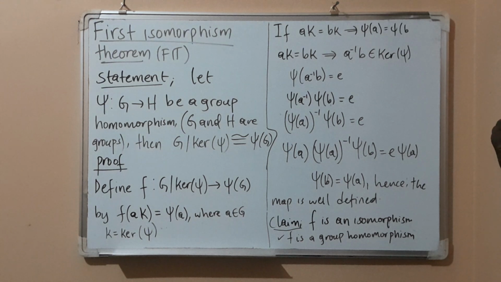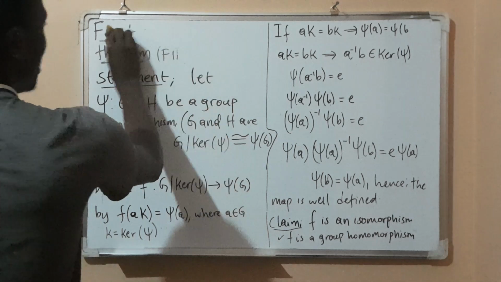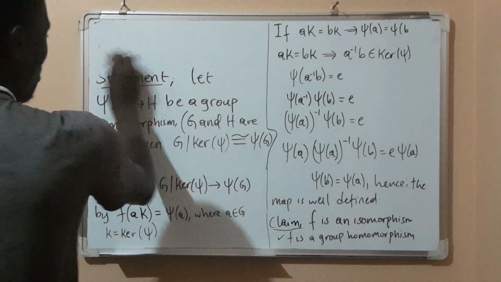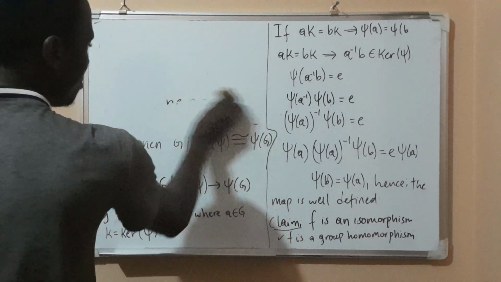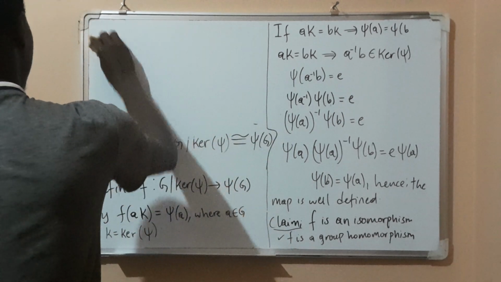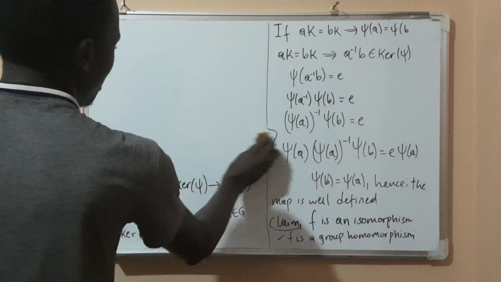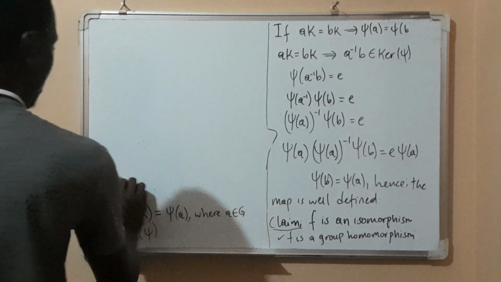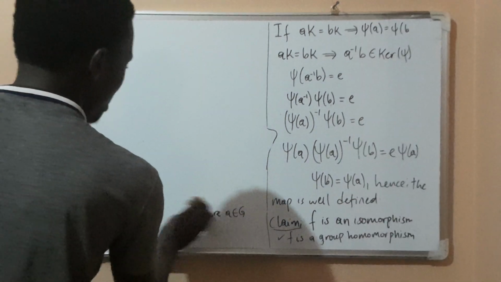Then we also have to prove that it is a bijection. In particular, we have to show that it is a bijective homomorphism: a homomorphism which is surjective, and at the same time injective. Yes, that's what we mean by saying that F is an isomorphism.